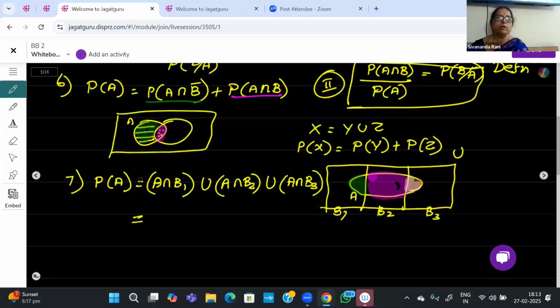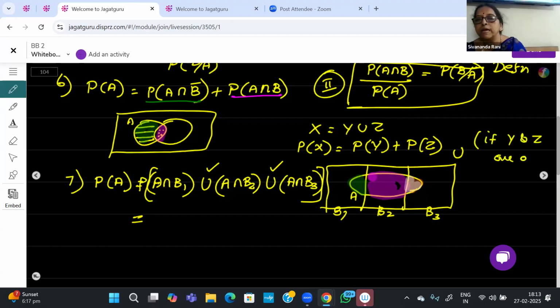And therefore, your P of A will be the probability of the union of these disjoint sets. So what will be the characteristic of the union of disjoint sets? Just now we have seen if Y and Z are disjoint, then the probability of their union happens to be the sum of their probabilities, right? The same thing applies here.